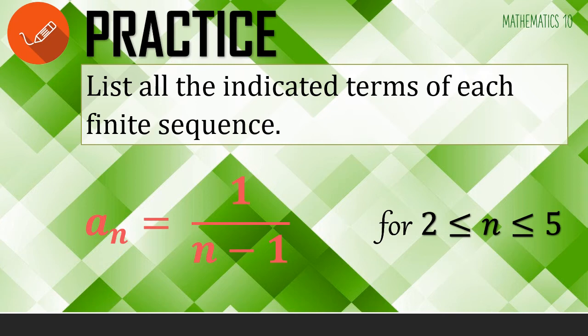Of course we're going to start with 2 because in our rule it's greater than or equal to 2. So 2, 3, 4, 5. So 5 is also included for the value of n because in the given rule it's less than or equal to 5. So let's start with 2 and 3.